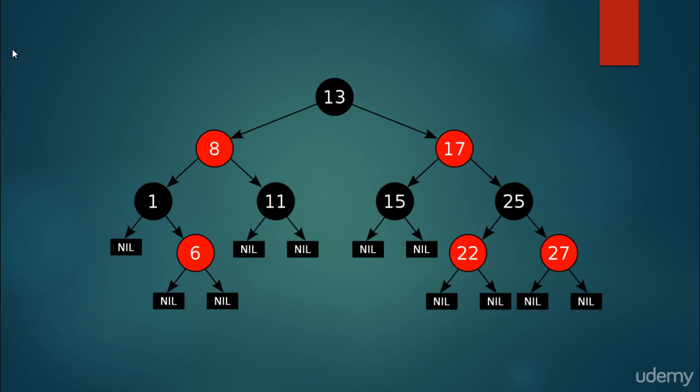And this is a typical red-black tree. The root, the 13th node, is black. Every red node has 1 or 2 black children.